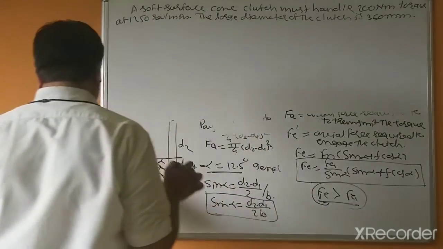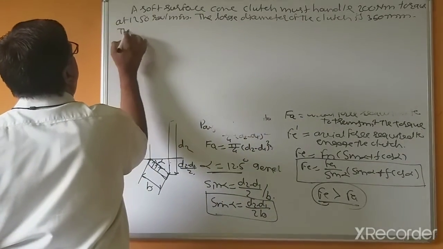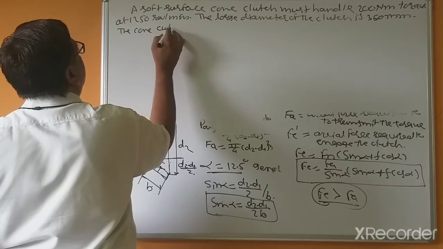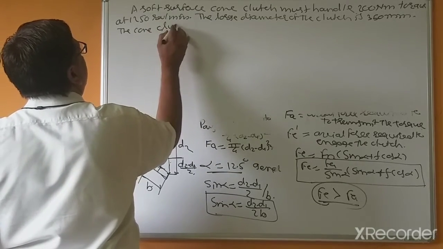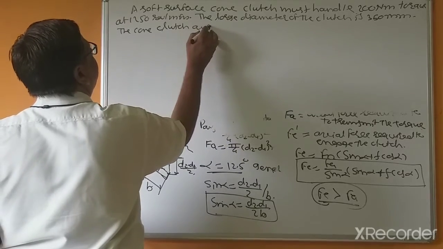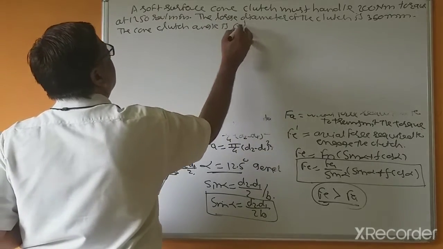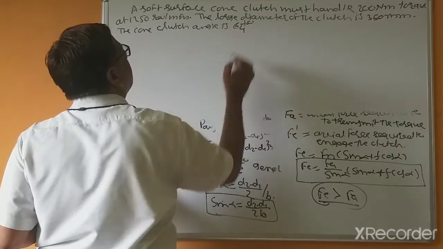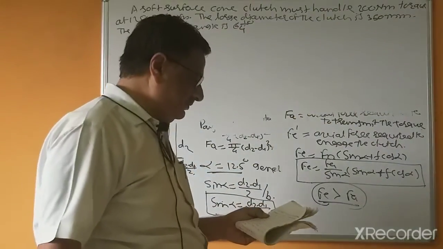The cone clutch angle is 6 and 1/4 degree, so this is alpha, given.